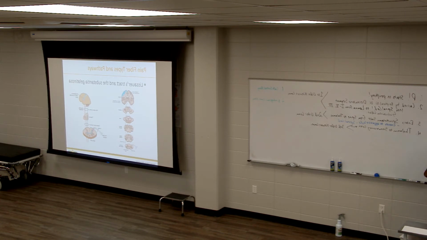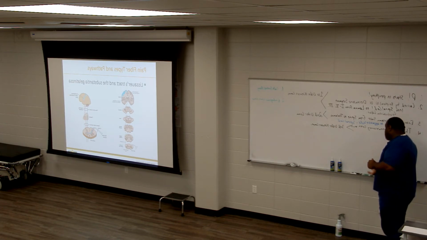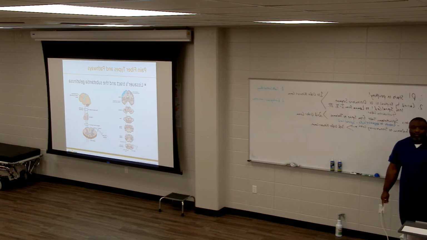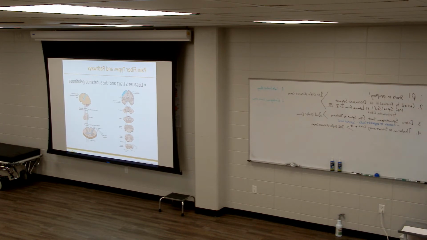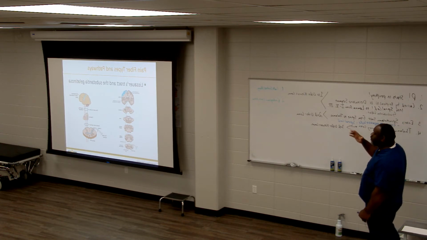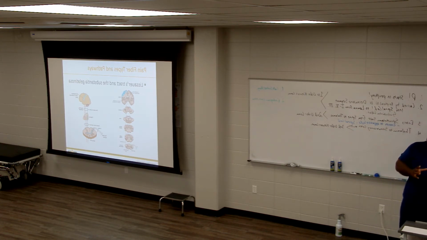Melzack and Wall figured out something very cool. They figured out which cells in the periphery are responsible for communicating pain to a dermatome or a peripheral nerve, or which cell types carry pain from the periphery up through the peripheral nerve into the spinal cord.